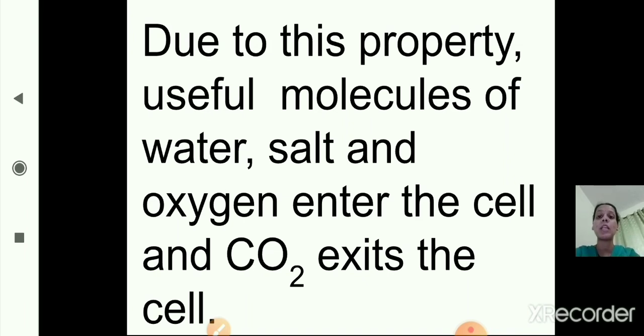Due to this property, useful molecules like water, salt and oxygen enter the cell and CO2 exits the cell.